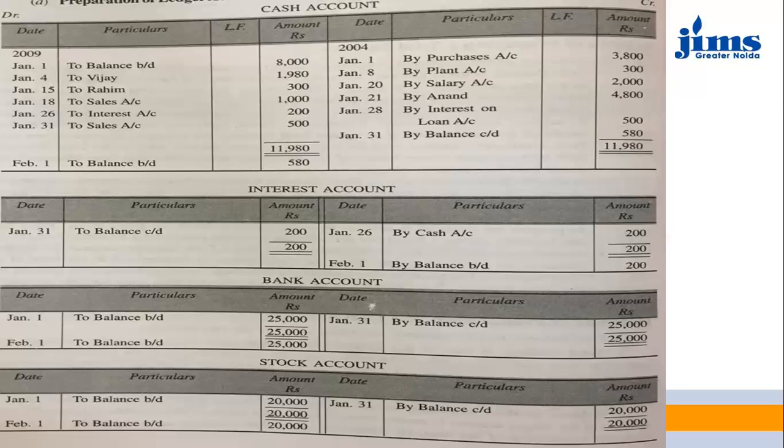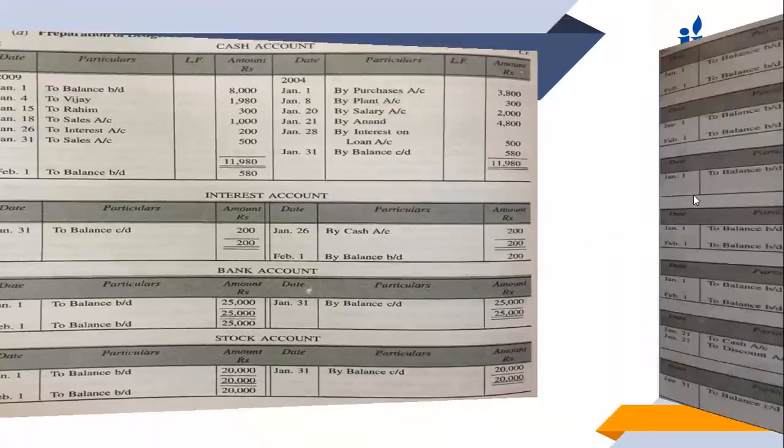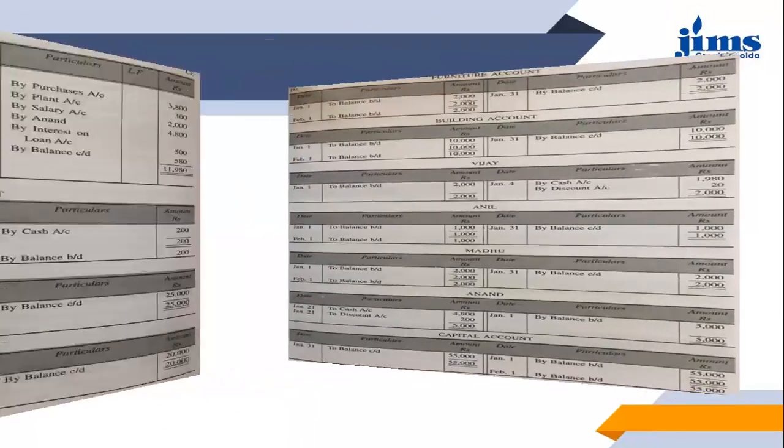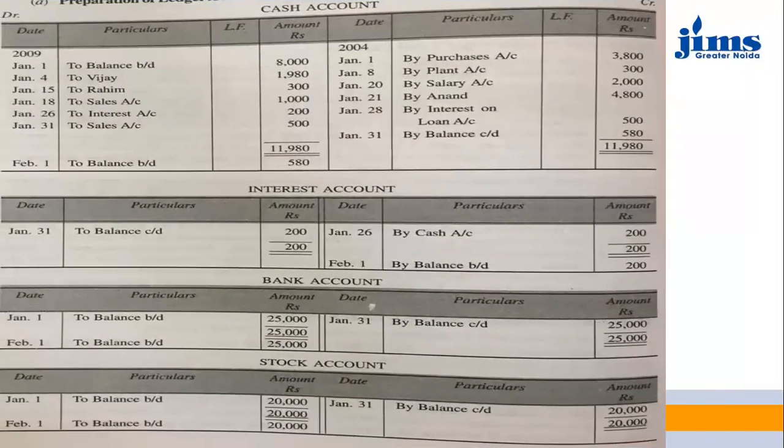Now we'll take up the next account here, that is the interest account. For the interest account, what you can see here is there is one entry on 26th January for interest, that is by cash account, 200. Forget about the "to balance carried down" for now.